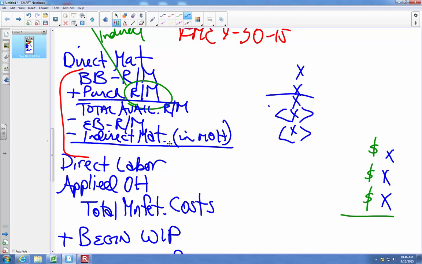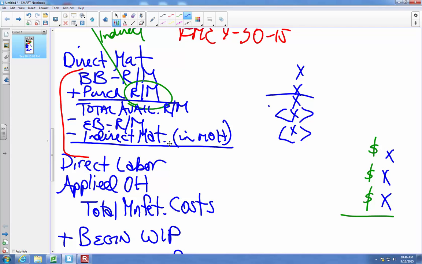The ending balance is at the bottom. The beginning balance, 20.